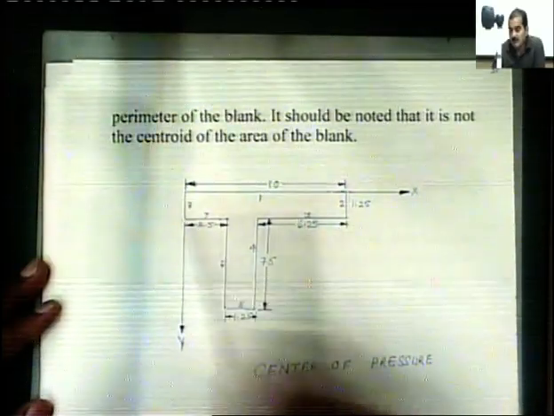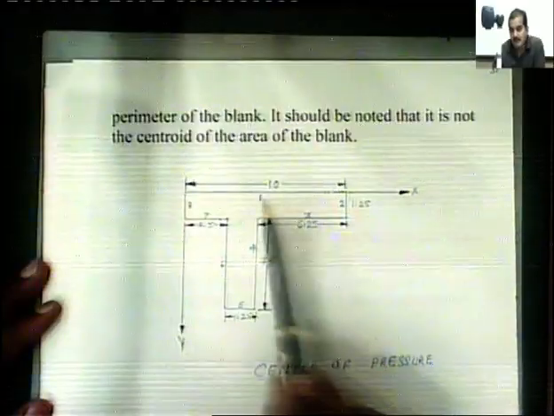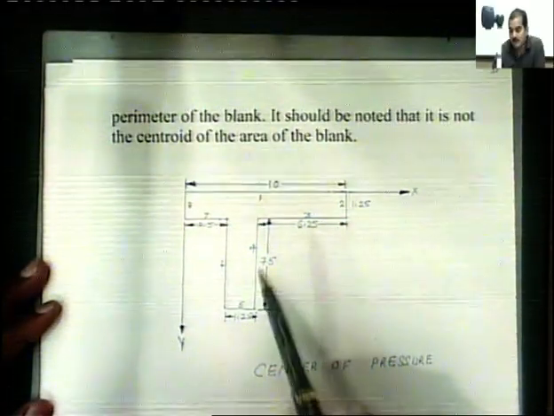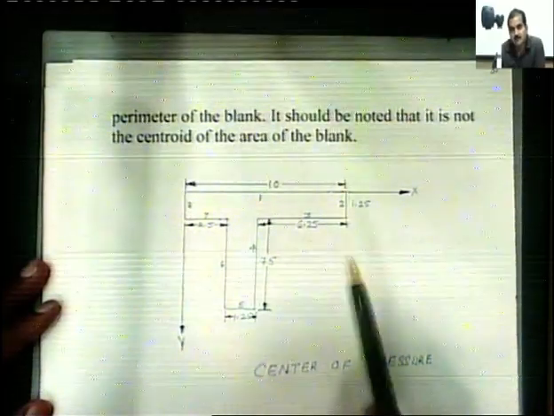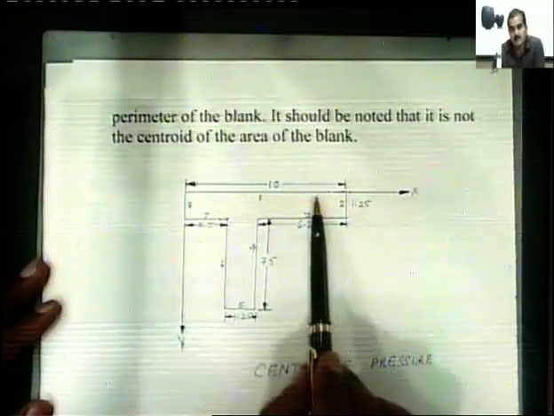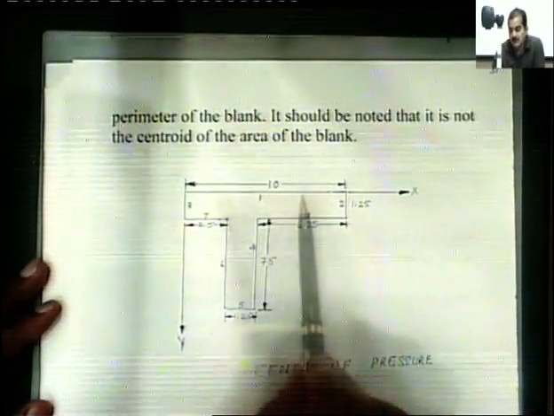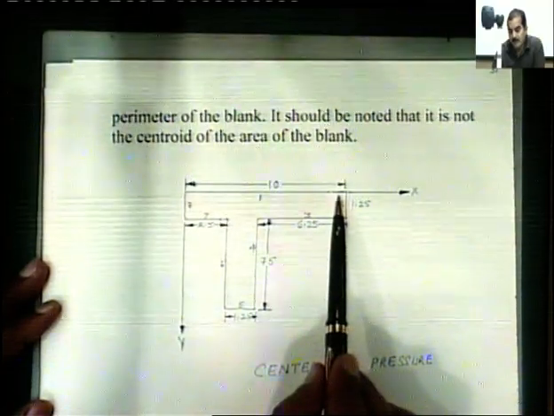Then the length of the line segments is calculated. It is taken as L1, L2, L3, L4, L5, L6, L7, L8, and similarly then the centroid of these line segments is calculated. Centroid means center point of this line is calculated.